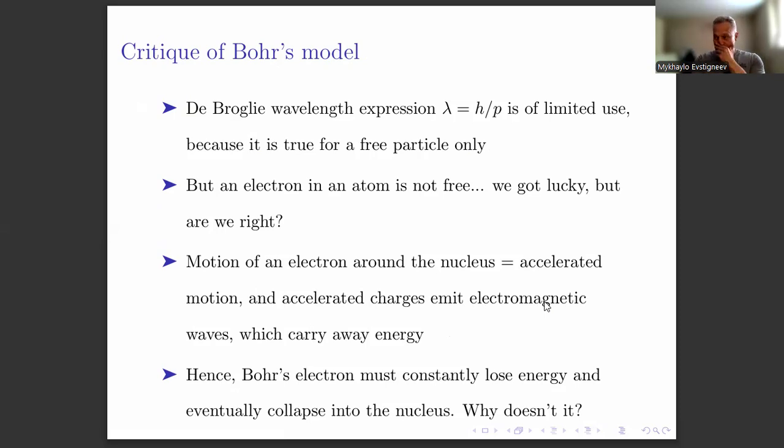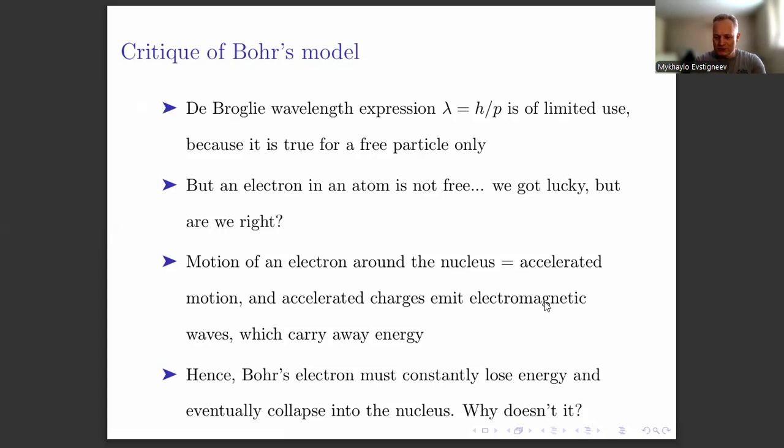Then there were more problems. For example, when Niels Bohr tried to apply this same reasoning to a more complicated atom, helium atom, 2 electrons orbiting around an alpha particle, 2 protons and 2 neutrons, it didn't work.